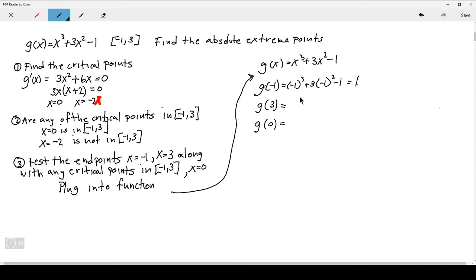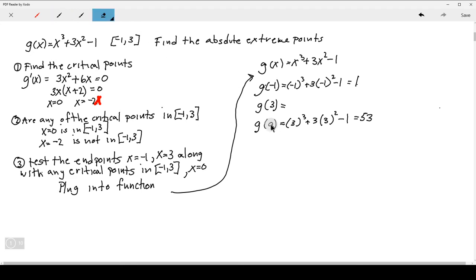Just double checking. G of 3: we're going to do 3 to the third plus 3 times 3 squared minus 1, and if you drop that into your calculator, you should get 53. And then the last one is g of 0.